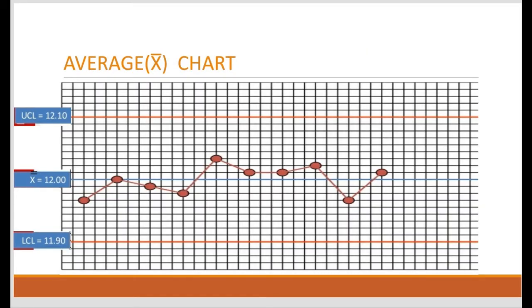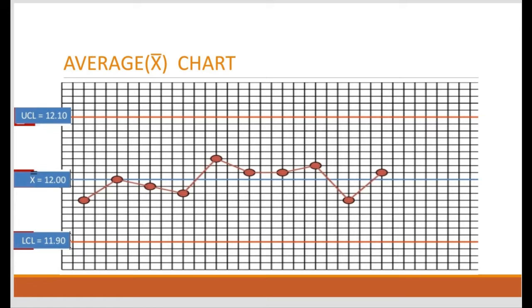So this is the average or X bar chart for the example we have taken. First of all we draw the center line which is equal to X bar, and then we draw the LCL and the UCL. Then we take the values from the average column and mark all the points on the graph, and then we join all the marked points. So we get the average chart.